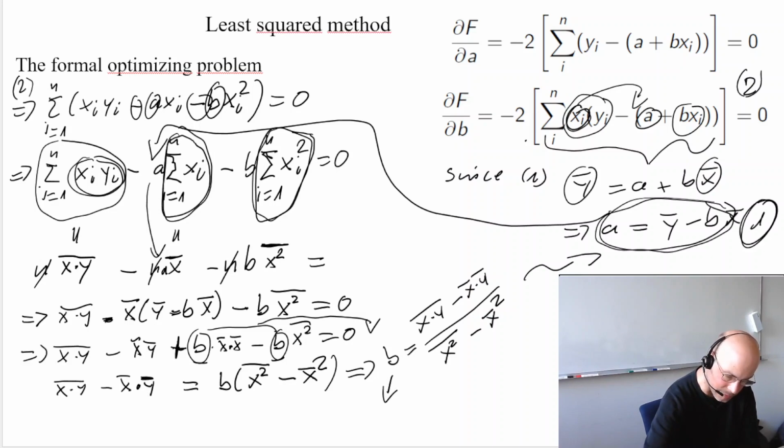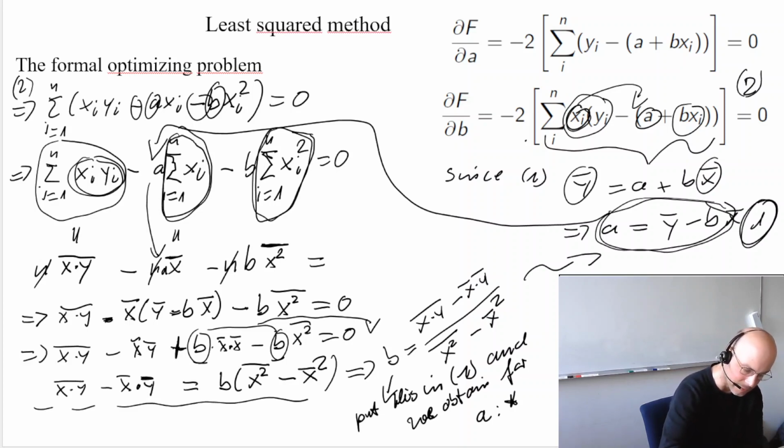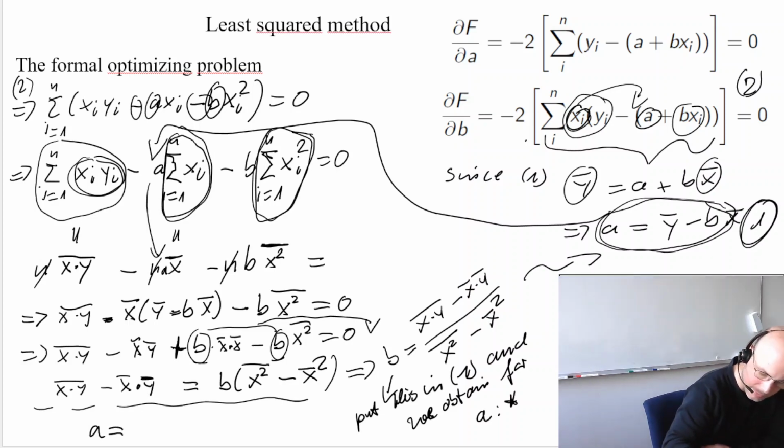So put this in 1, and we obtain for A equals y bar minus b times x bar, that is, y bar minus x y bar minus x bar y bar over x squared bar minus x bar squared, times x bar.